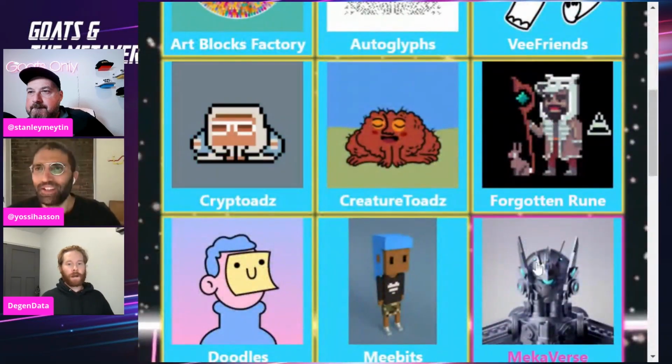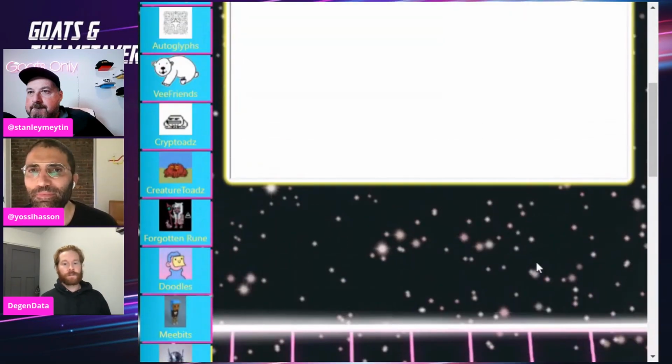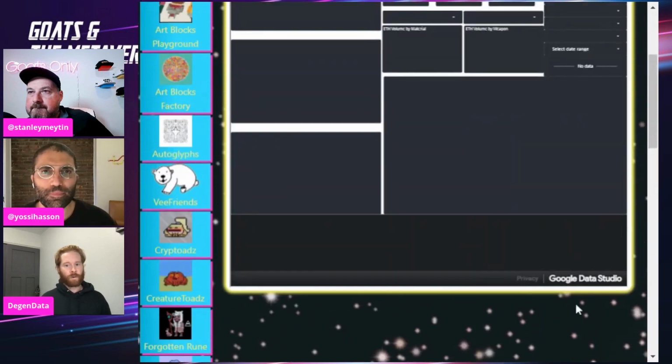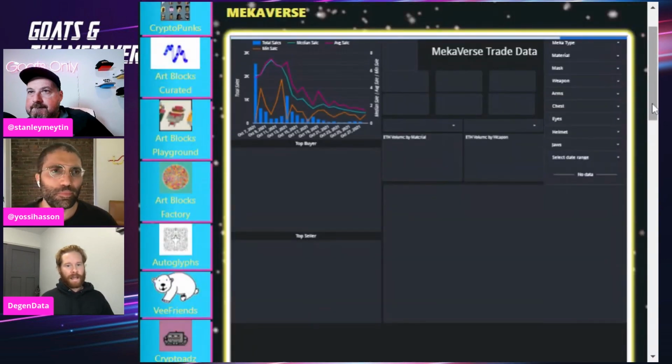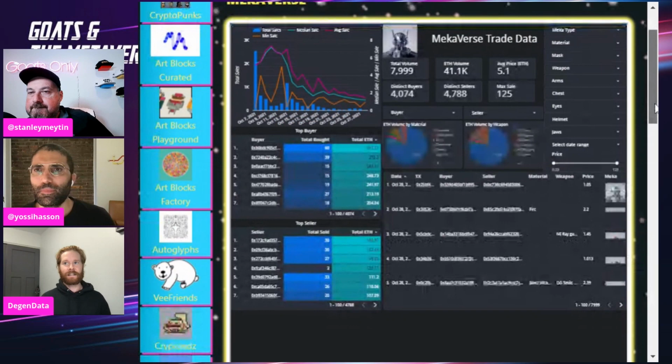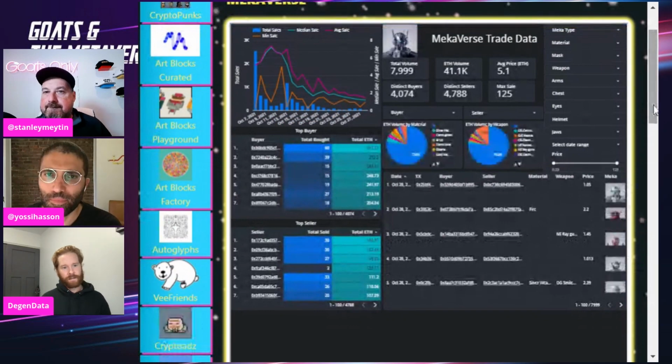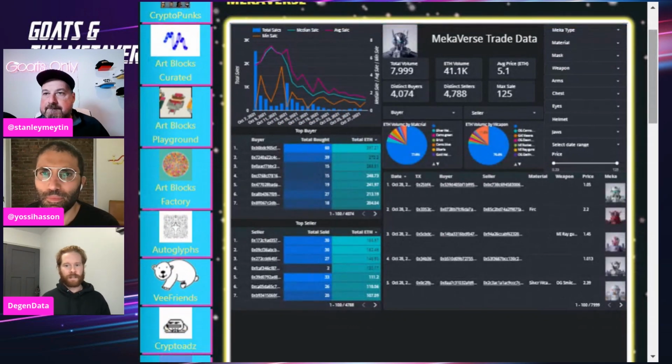Oh yeah, there's a standard plate of queries that we develop, and the implementation of those to get it on DegenData, build everything, takes about an hour and a half to two hours. But each project has different data points that are interesting to it.